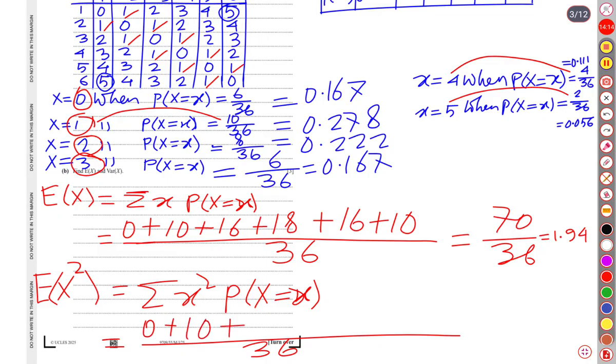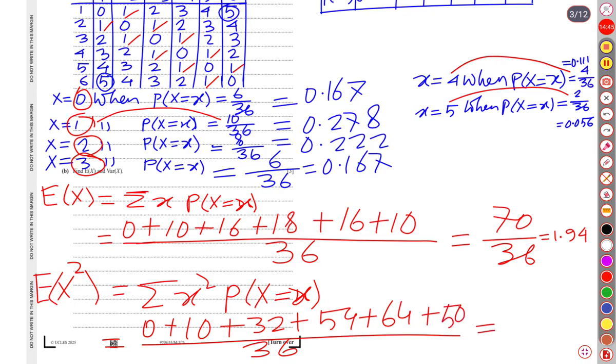Then 2 squared means 4, 4 eights are 32. Third one is 3 squared means 9, so 9 sixes are 54. After that 4 squared means 16, 16 fours are 64. Next one is 5 squared means 25, twos are 50.